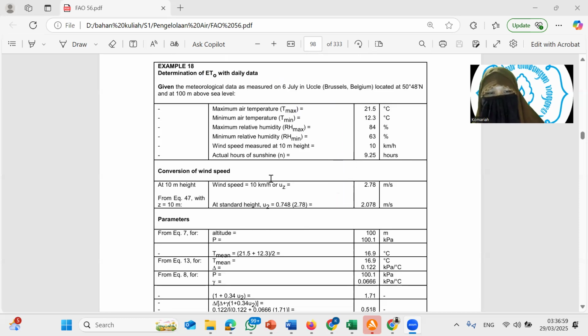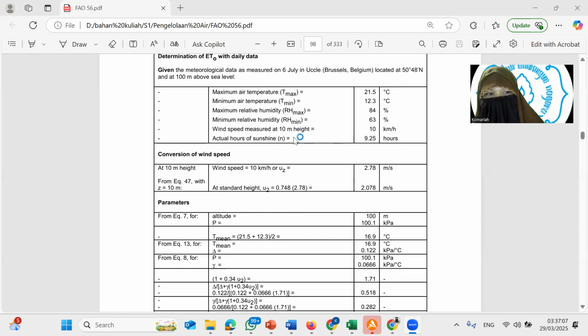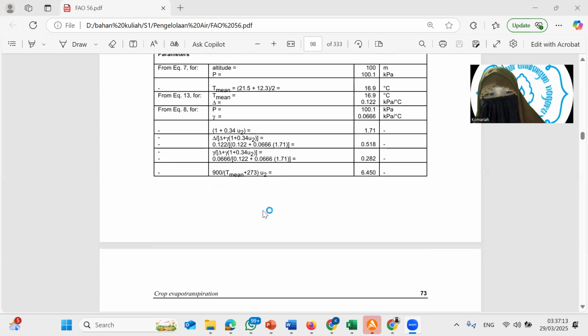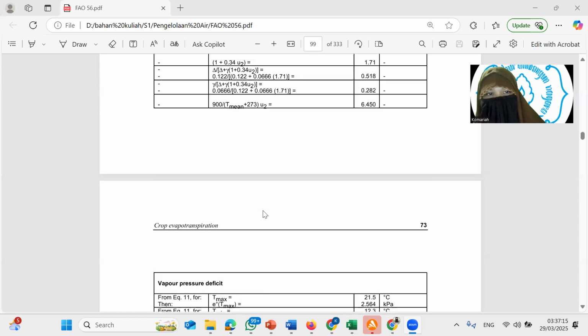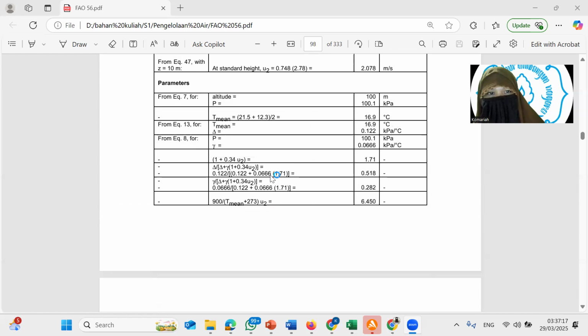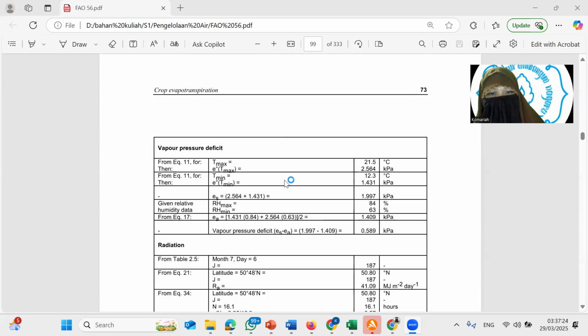As you can see, this is the step by step of how to determine the reference evapotranspiration. First, you have to convert the wind speed, and then you should determine each step by step.